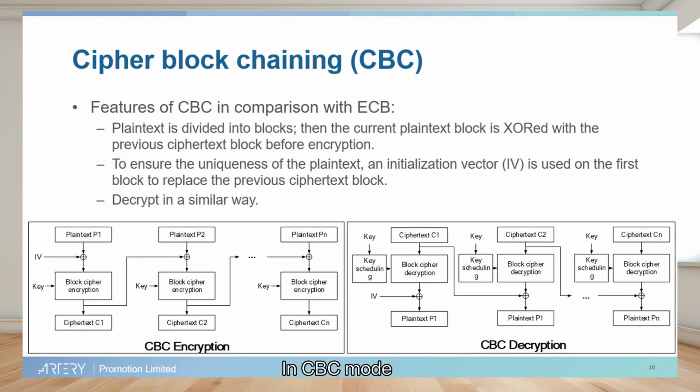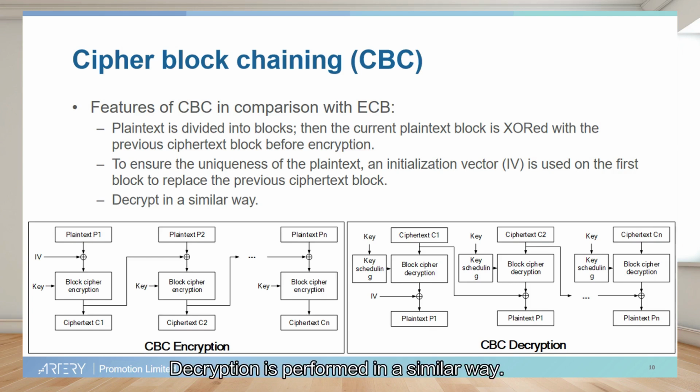In CBC mode, the plaintext is divided into blocks, and then the current plaintext block is XORed with the previous ciphertext before encryption, so that identical plaintext blocks do not result in identical ciphertext blocks. To guarantee the uniqueness of the ciphertext, an initialization vector, IV, is used on the first block to replace the previous ciphertext.